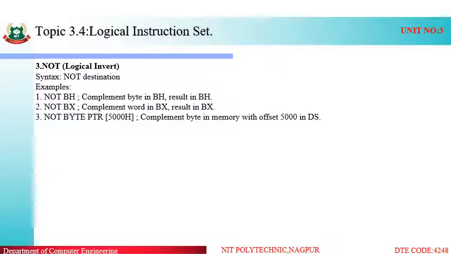If the BH contains all 0 bits, it will be converted to 1. That means if the bit consists of 1, it will be negated to 0. If the bit contains 0, it will be negated to 1.